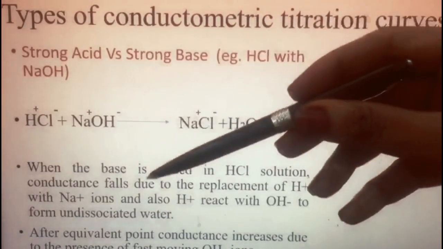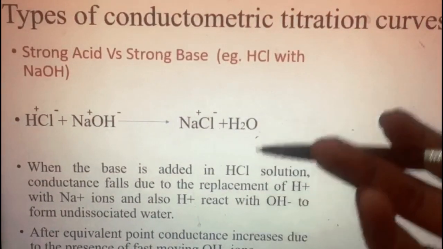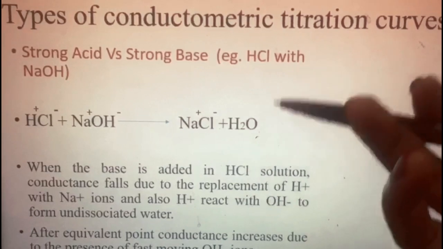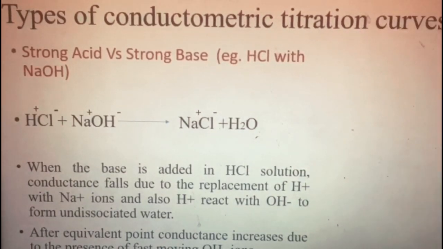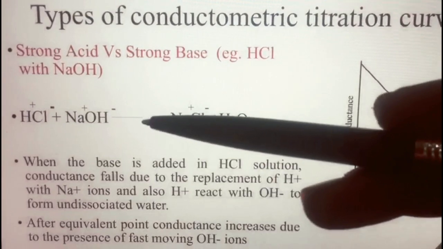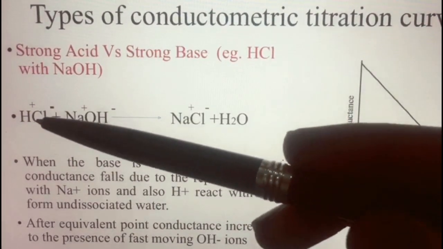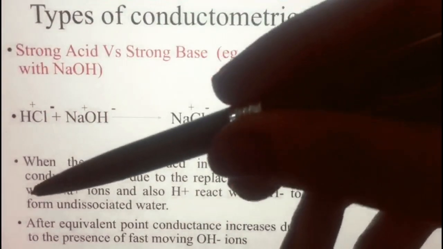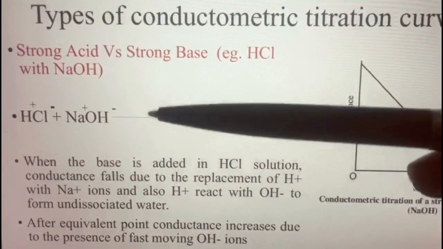So at first, in the conductivity cell, only hydrochloric acid will be there, so the conductance will be due to H+ ion. That H+ ion conductance will be very high. Then on adding NaOH solution to that HCl solution, what will happen? HCl is completely ionized as H+ and Cl-, and here we have Na+ and OH-.